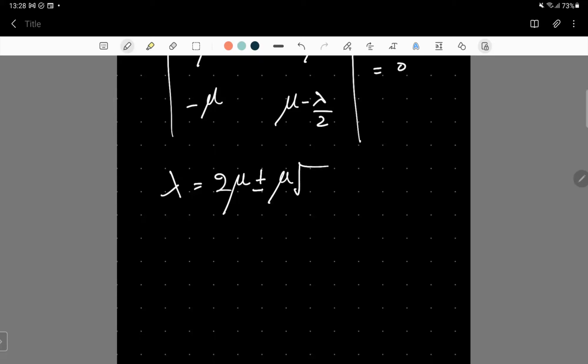mu square root of 2. Or in other words, we have two solutions: lambda 1 is equal to 0.6 mu, and lambda 2 is equal to 3.4541 mu.